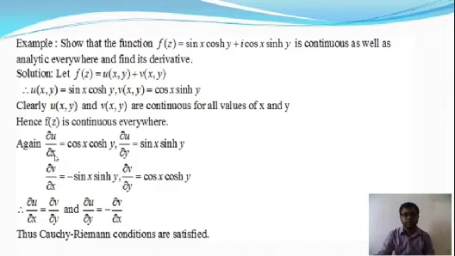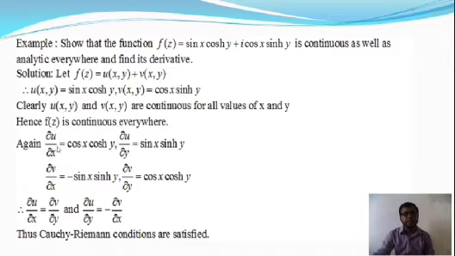But in ordinary differentiation, when we differentiate with respect to x, y is also a variable. In partial differentiation, if we differentiate with respect to x, then y is constant, and if we differentiate with respect to y, then x is constant.